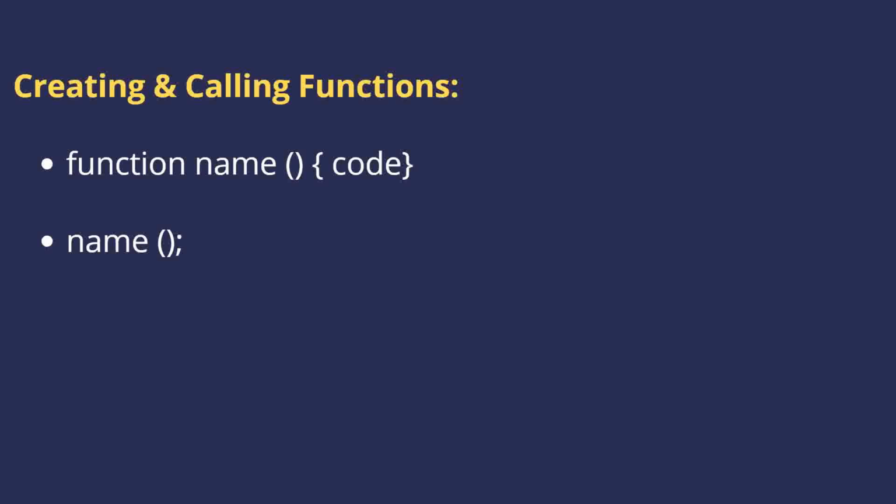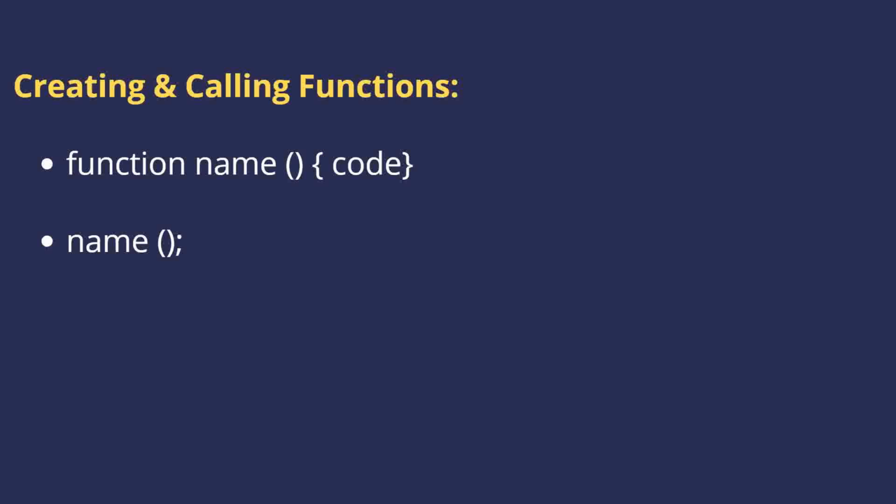Creating and calling functions. Creating and calling functions are really an integral part of programming, irrespective of the language you are using. And in this lesson, we will be working on creating and calling functions. The benefit of this is that repetitive code will be written in a box that starts and ends with curly brackets.